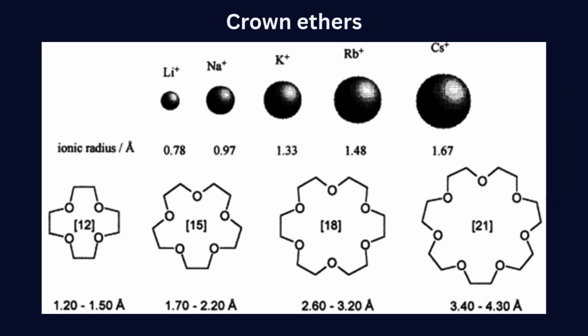This image shows the ionic radius of lithium is 0.78 angstrom, sodium is 0.97 angstrom, potassium 1.33 angstrom, rubidium is 1.48 angstrom, and cesium is 1.67 angstrom.